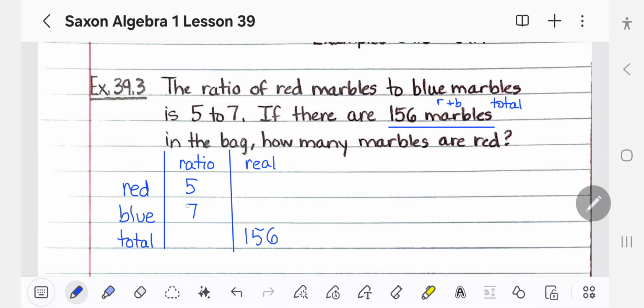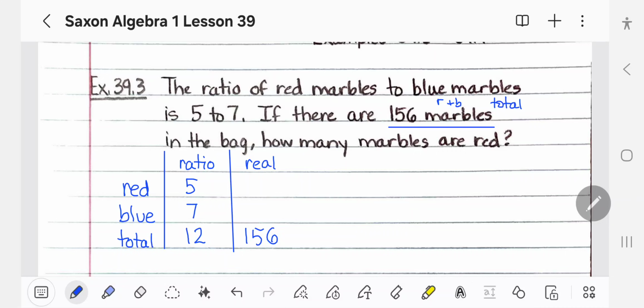Well, I know that there are 5 reds for every 7 blues. So that would mean that 5 out of every 12 marbles are red, right? Because I can add these two and get the total of the ratio. So I can put a 12 here and say that 7/12 of the marbles are blue. 5/12 of the marbles are red.